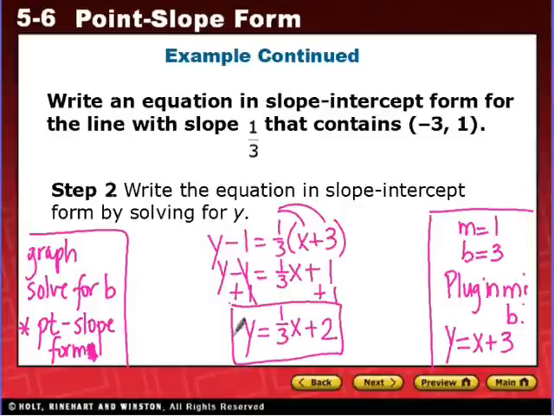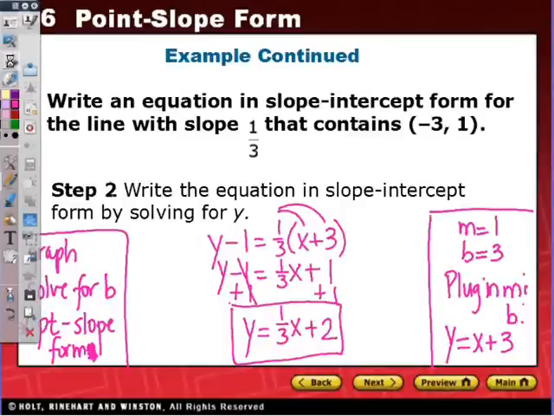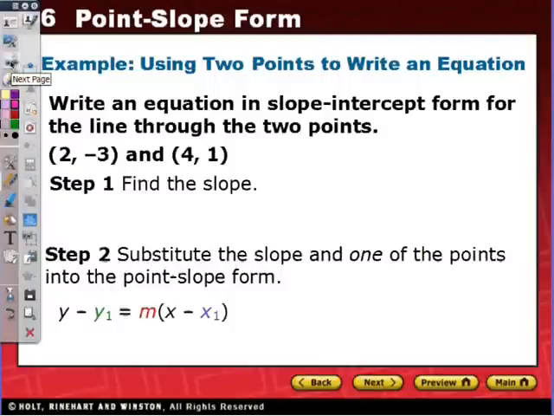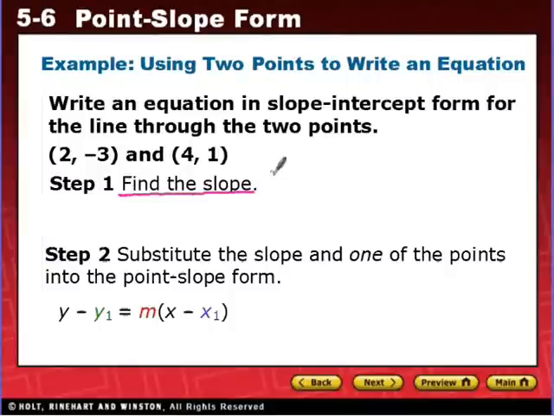Now the third thing they ask there is, well, what if you just know 2 points on the line? I know some of you are probably feeling overwhelmed. This is the last little bit. I'm only going to go through probably one of these examples right now, and we'll do more of them in class. The only thing that's different if you know just 2 points on the line is, and you're going to write this in the box, find the slope. You have to calculate the slope first. After that, it's the same as the right-hand box.